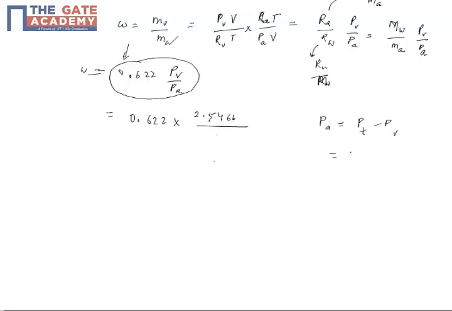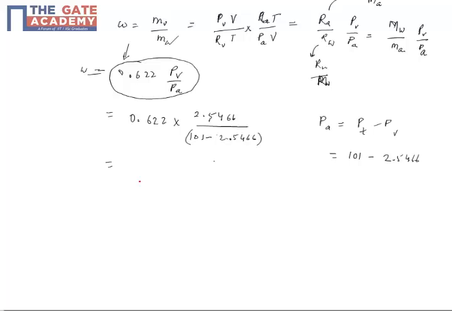Total pressure is 1 atmosphere, which is 101 kPa, minus 2.5466. So let's substitute it here: 101 minus 2.5466. Here you have to use the air pressure.